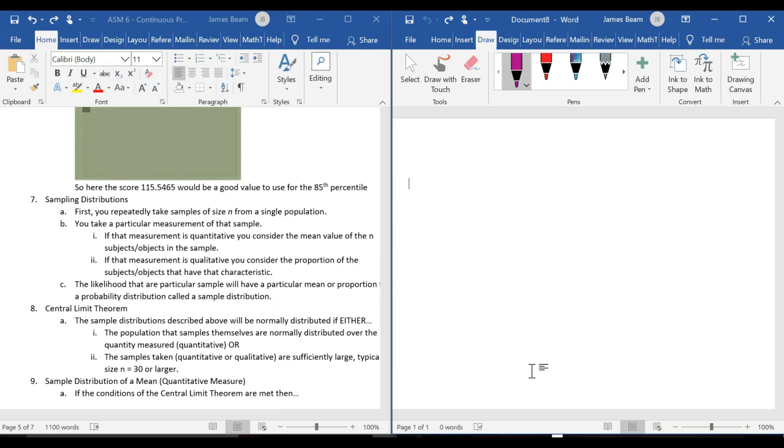Okay, so I have some population, and I'm going to take a sample of that population of size n.